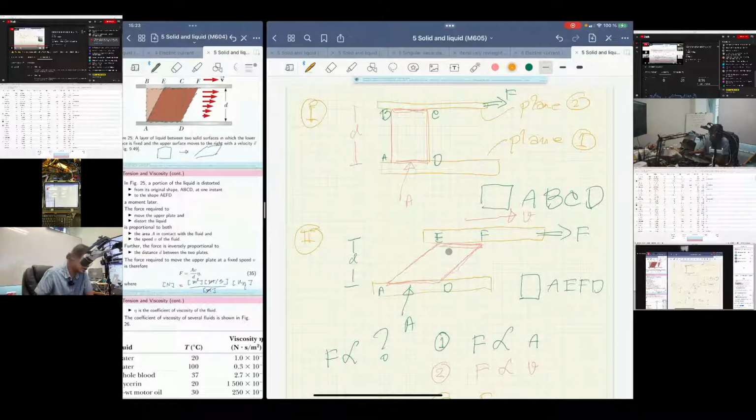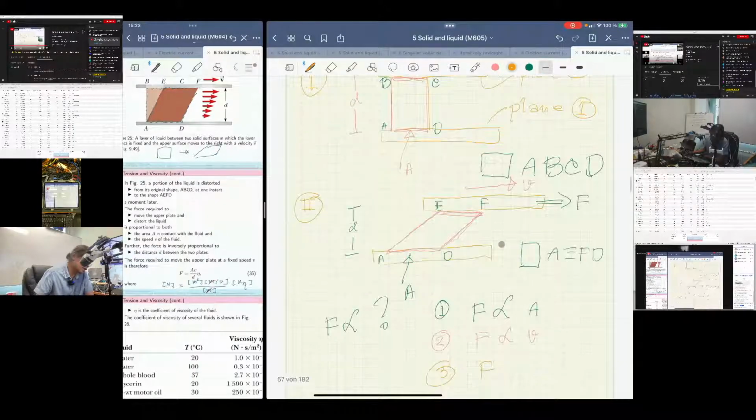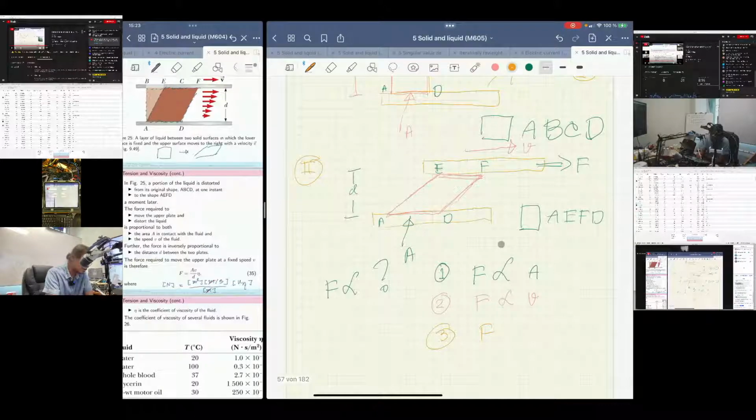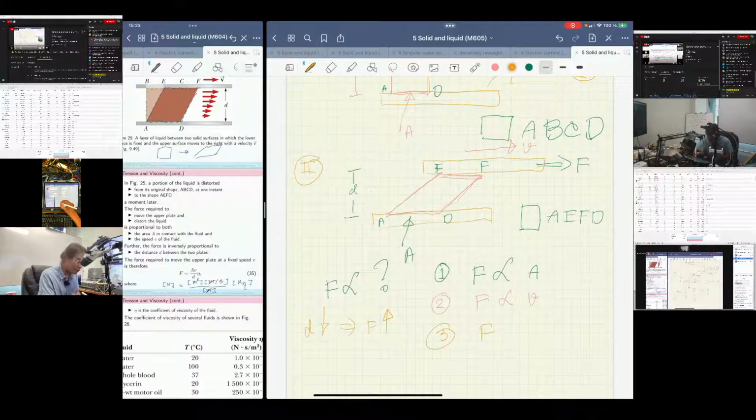If these two plates stay very close to each other, you need more F. When D is down, when the gap is small, it means that your F should be larger, right? So it means F inversely depends on the distance, all right?